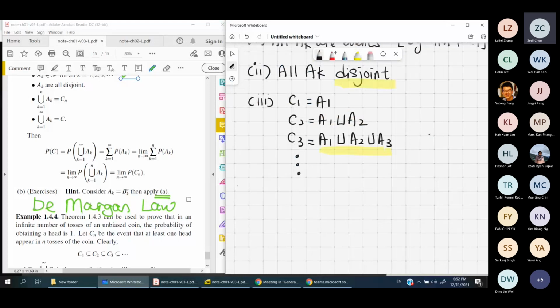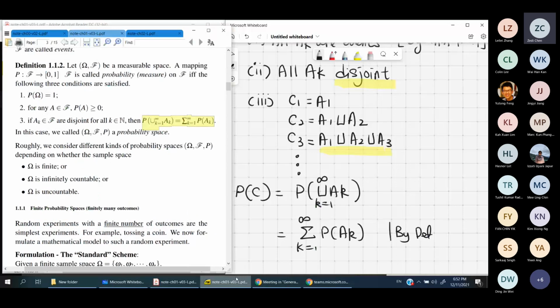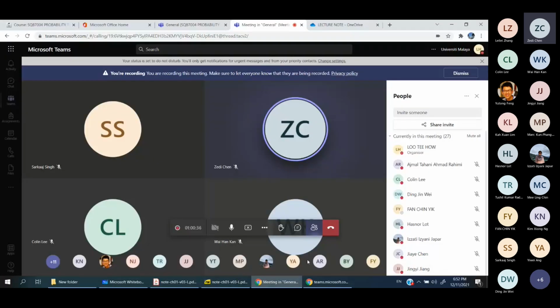So P of C is just equal to P of the union from K equals 1 to infinity of AK, so our setting here, which is equal to P of the summation. As I said, this is by using definition 1.1.2 part 3.